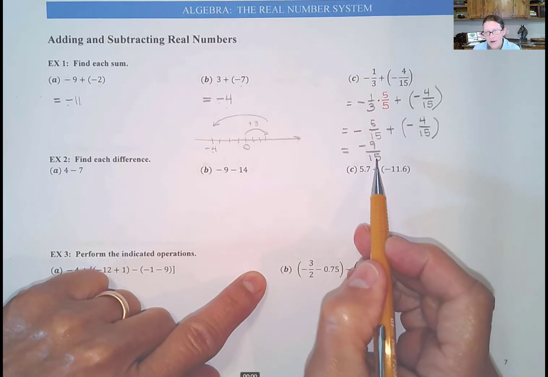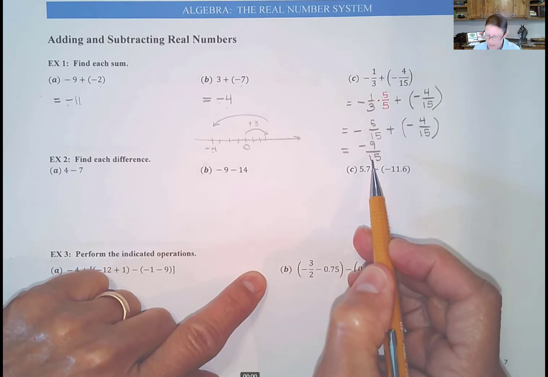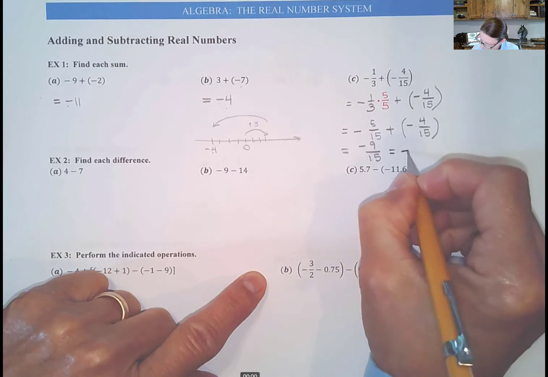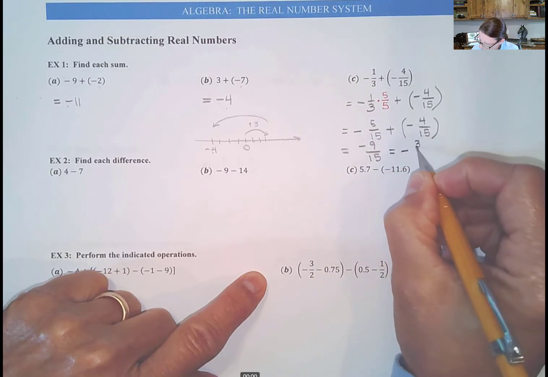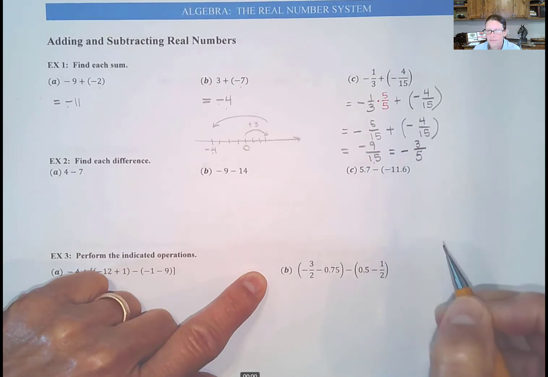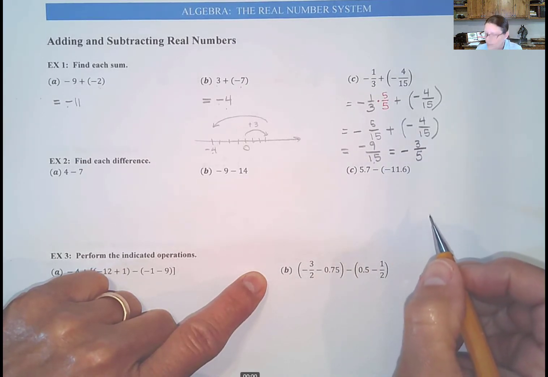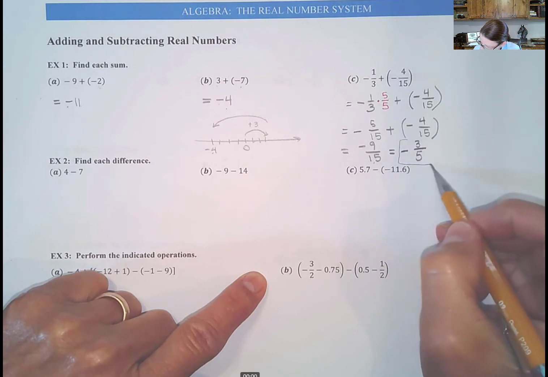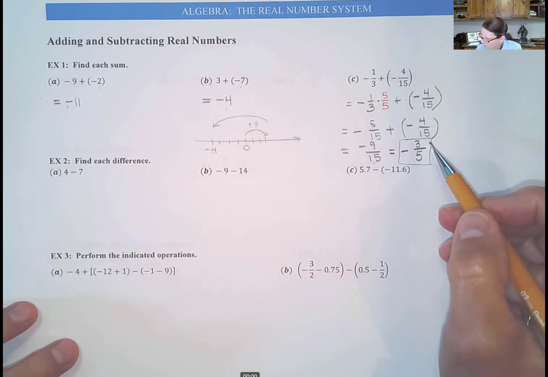Numerator and denominator have a common factor of 3. 3 divides into 9 3 times, and 3 divides into 15 5 times. So we divided out that common factor of 3. Final answer, -3/5.